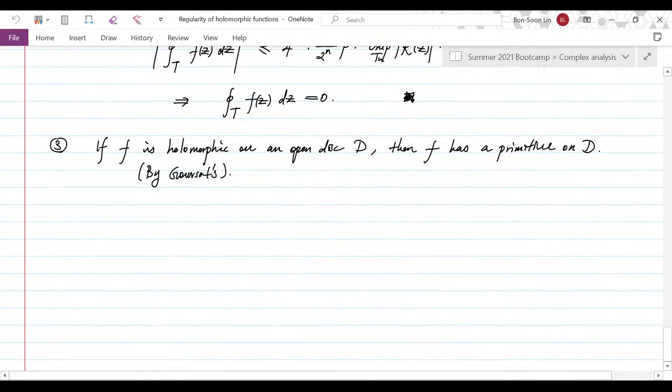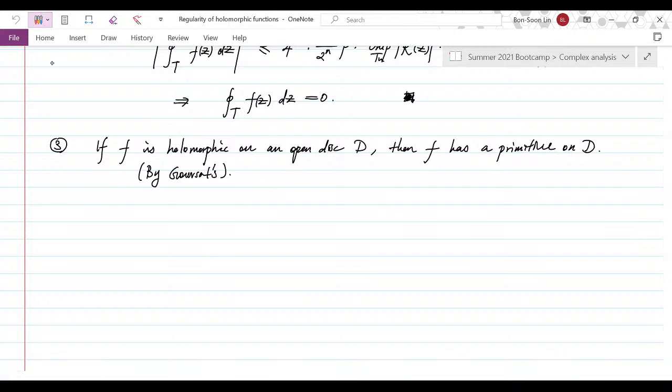Now, next, what we will establish is the existence of a primitive on an open disk. So how does this work? Maybe we can even replace the term open disk with star-shaped domain, but we'll do open disk for now. The idea is we need to be able to contain line segments whenever you choose 2 points in this set. So technically we can relax this condition to star-shaped, but an open disk will do.